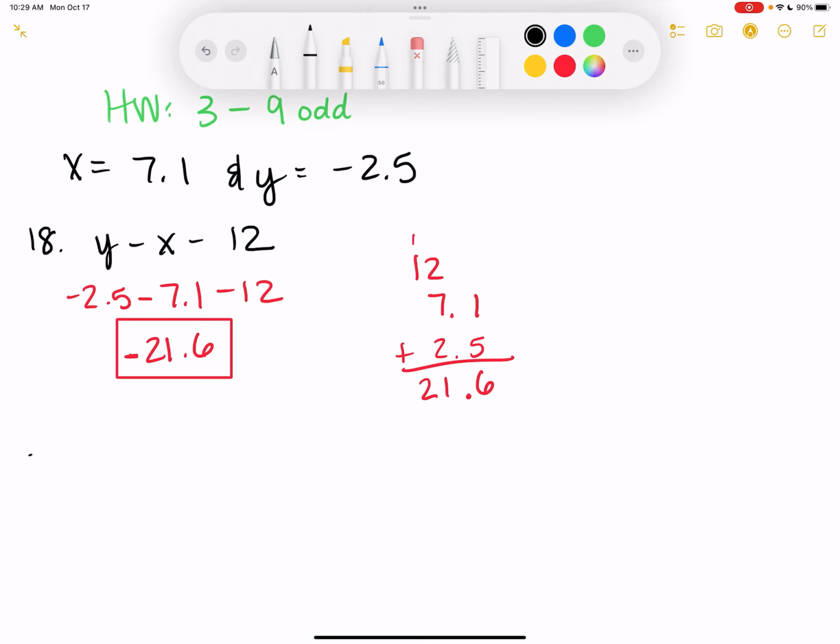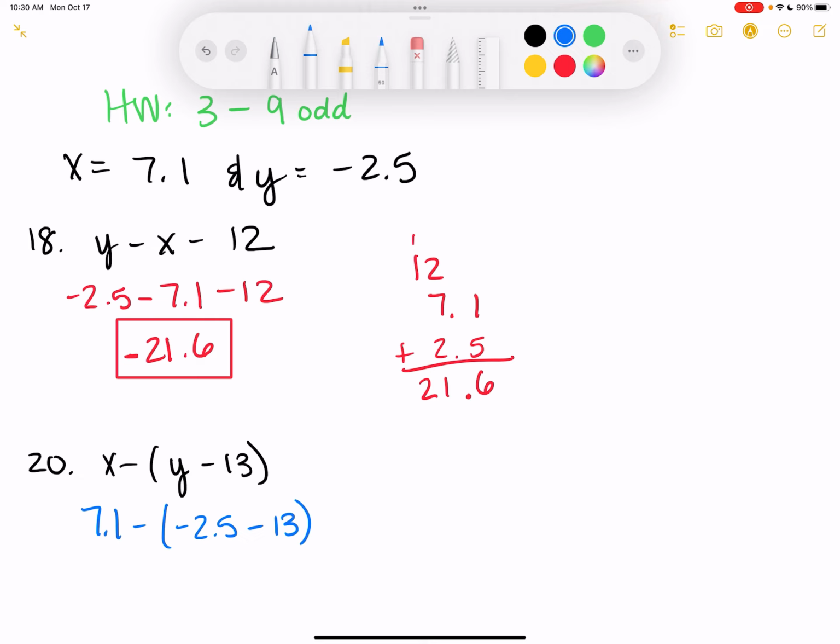All right, number 20. x minus, in parentheses, y minus 13. So go ahead and plug in. We have 7.1 minus, parentheses, negative 2.5 minus 13.